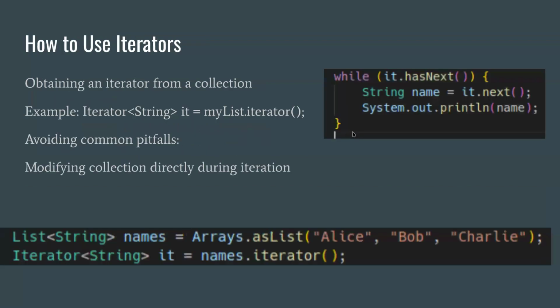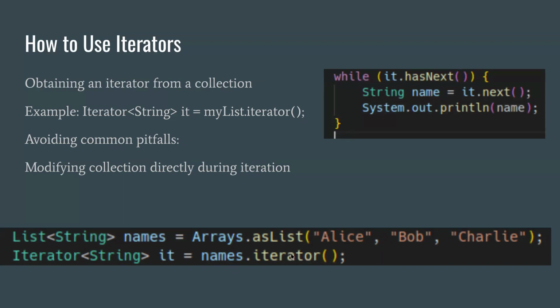How to use iterators. In order to use an iterator, you first need to obtain one from your collection. For example, say you have a list of names, then you can get an iterator like this. In the second line, we are calling the iterator method.